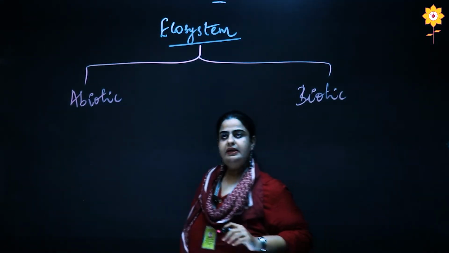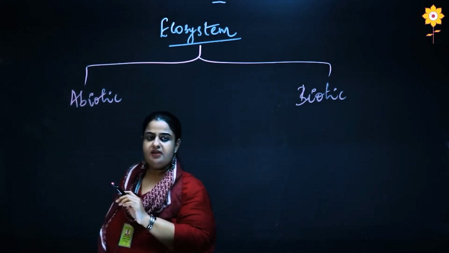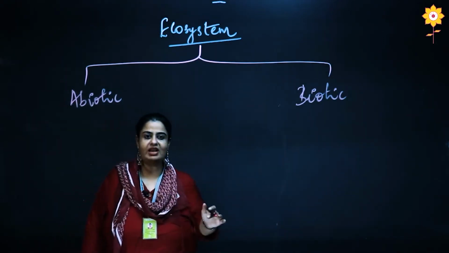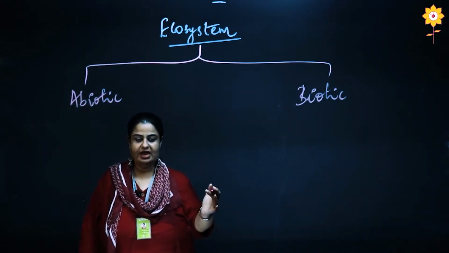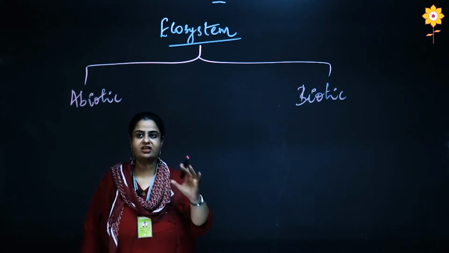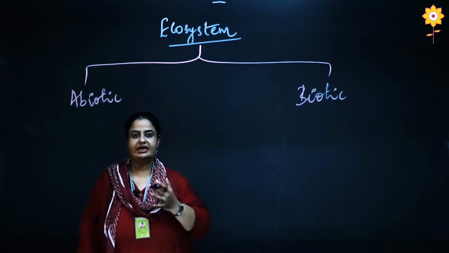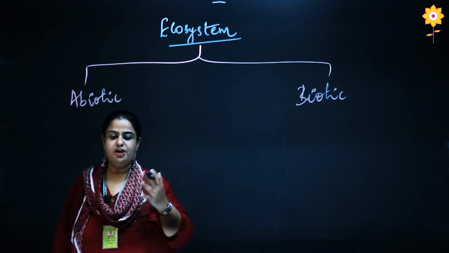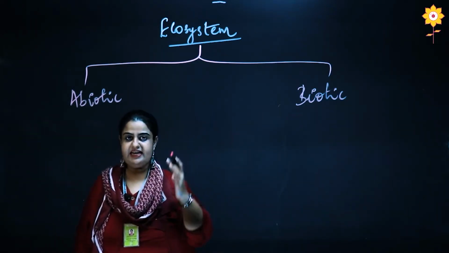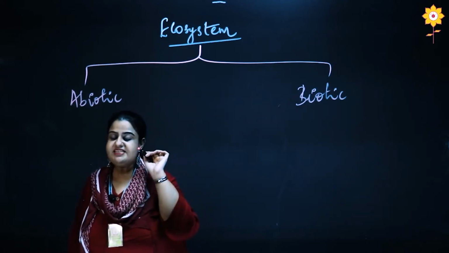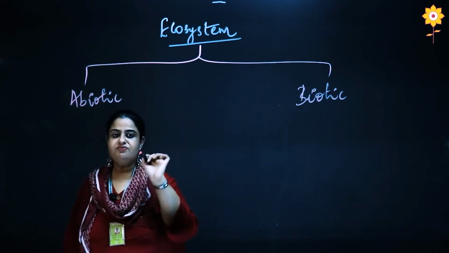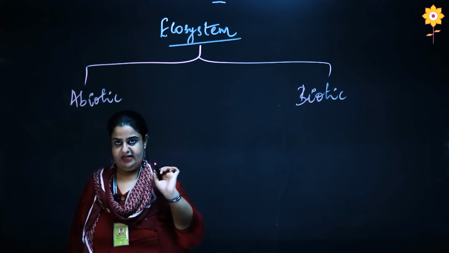Now, when I talk about abiotic components, it will include all the natural components which are non-living in nature, such as air, water, land, soil, rocks, whatever that we see around us which are non-living, but at the same time very much needed for survival of any living organism. Okay.